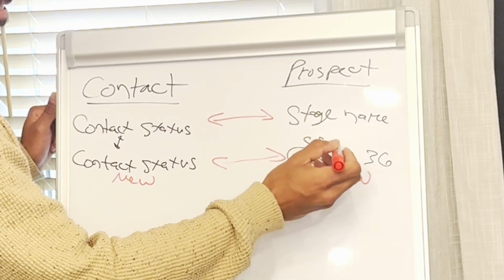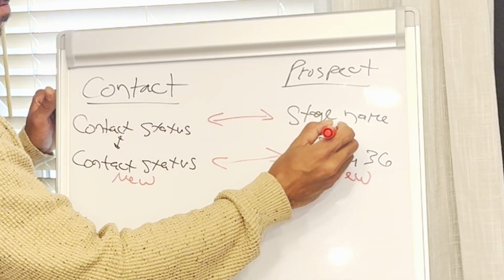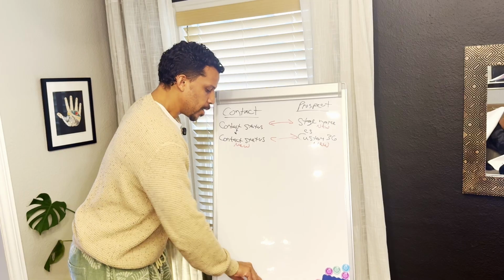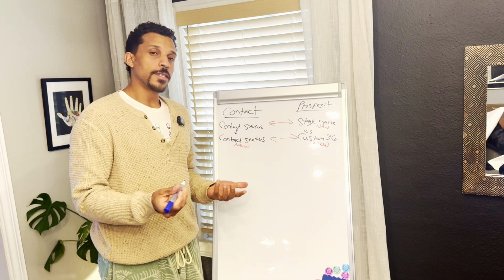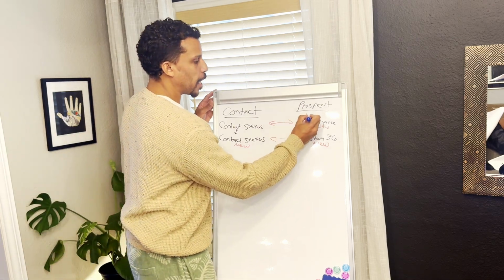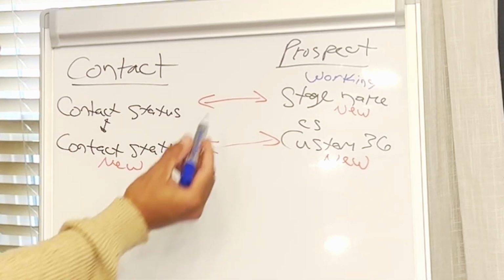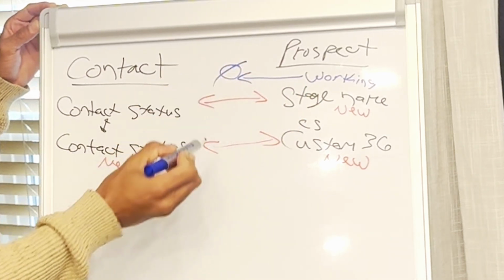Custom 36 is now new, contact status is new, so stage name is new. Everything is new. Stage name, when a prospect gets added to a sequence, was supposed to change to working. The scenario that they were running into is that working was not syncing to Salesforce.